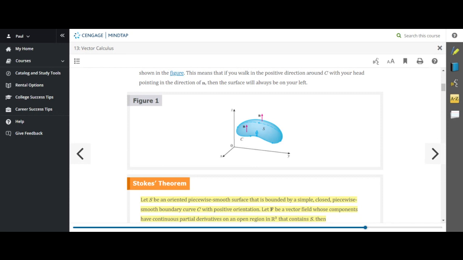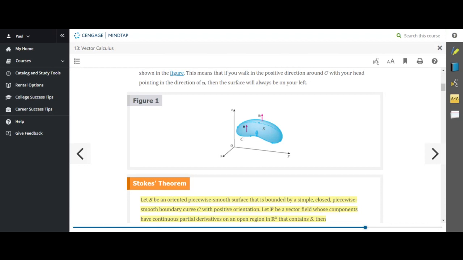So picture a man walking along the curve C, which is the edge of the surface; as he walks along the curve C, the surface is always on his left, and his head is pointing in the direction of the normal vector. This is called positive orientation.